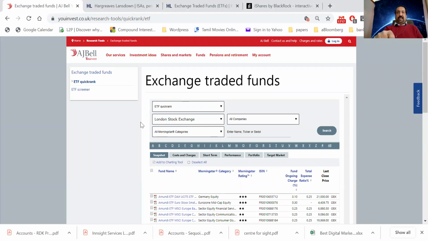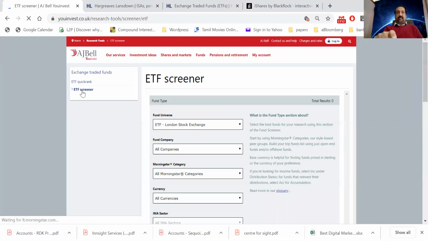The best thing to do would be either quick rank or screener, but first I think I would go to the screener screen. And here, it's loading the total number of funds available. It'll take some time to load.